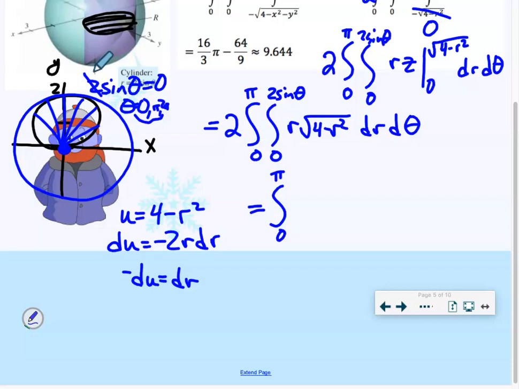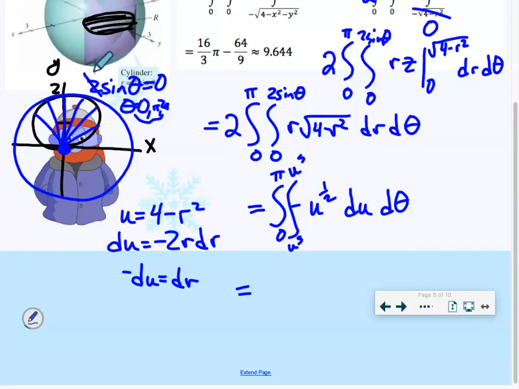Okay, so let's see. So this becomes u to the 1/2, and then 2r dr equals negative du. Oh, but we're going from something to something, and I'm not even going to write it down, from something with u's to something with u's. It actually wouldn't be that bad to just convert, but I'm not going to.